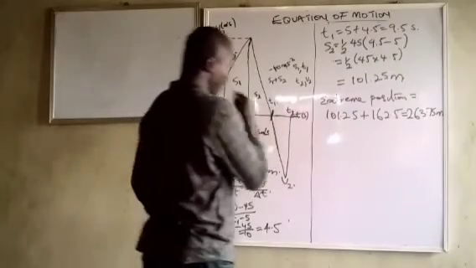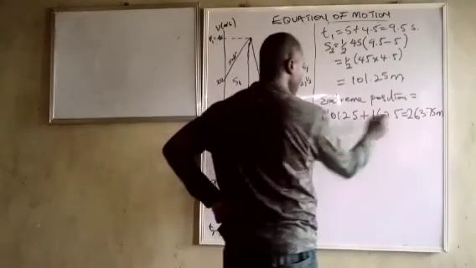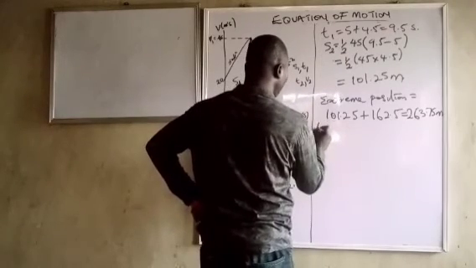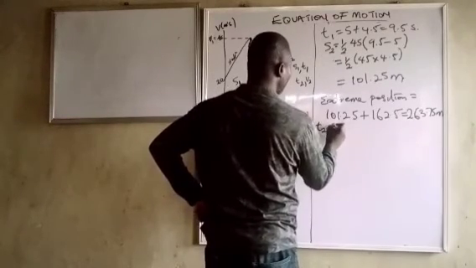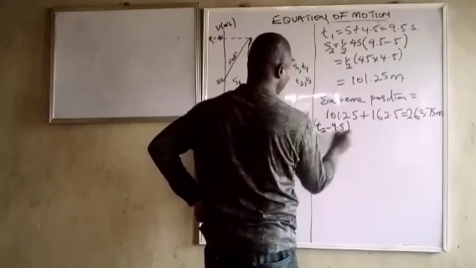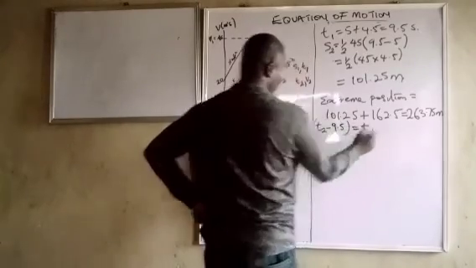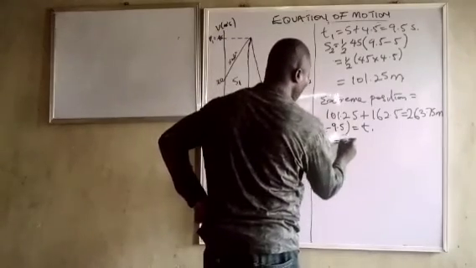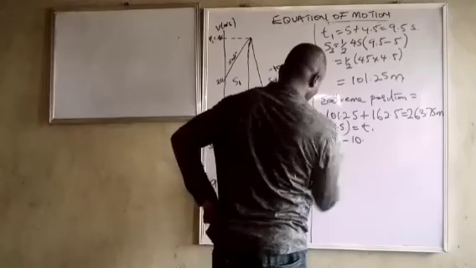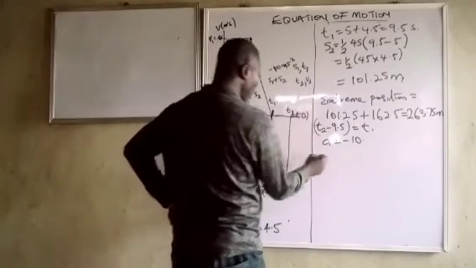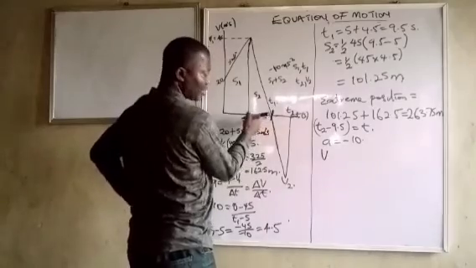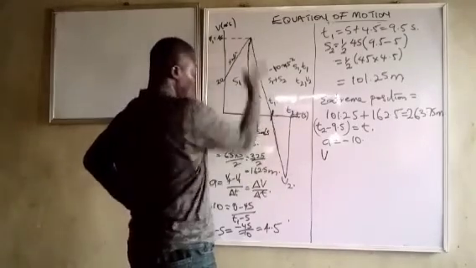So let's see. We have T2 minus 9.5 as our time now. And our A is equal to minus 10. Let's see. What is our V? Our V, because it moved from 0, we consider it from 0 to this place. We could have considered it from here to here.